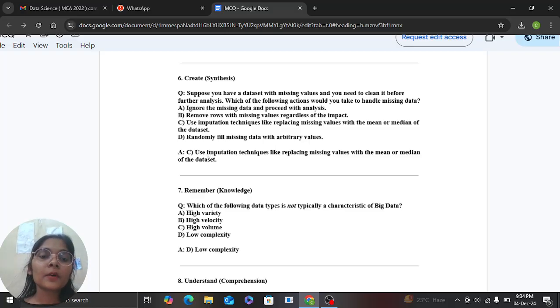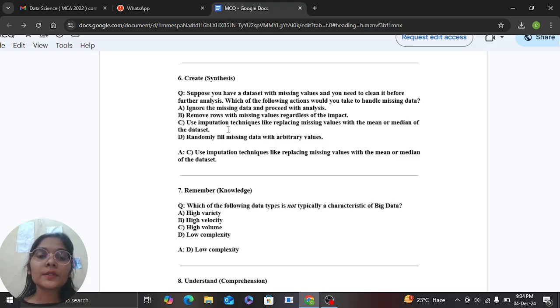We basically use imputation techniques like replacing missing values with mean, median, mode, and other imputation techniques like nearest neighbors and random values. We also replace our data with random values. These are some imputation techniques.